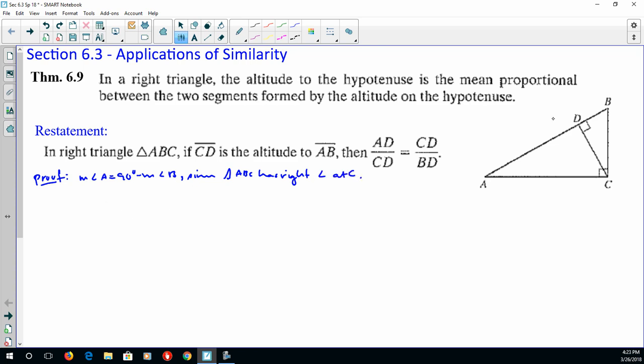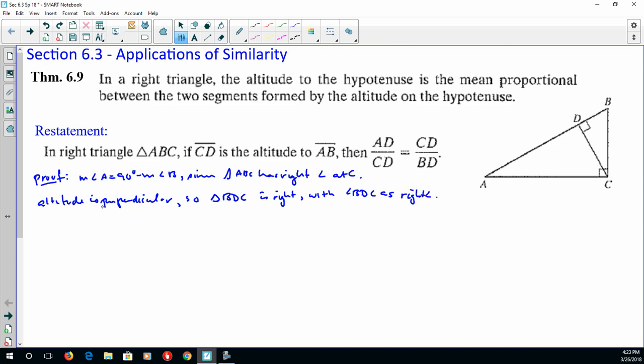Okay, let's look at this little triangle up here. Altitudes are perpendicular. So that means that triangle BDC is a right triangle with angle BDC as the right angle.